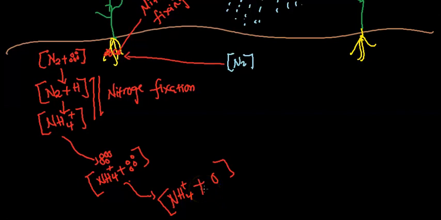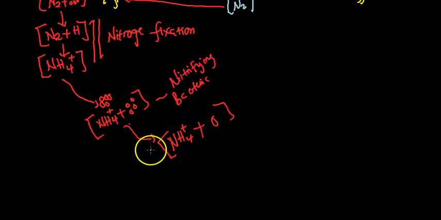When ammonium ions are combined with oxygen, the process is called nitrification, and it is done by nitrifying bacteria. Let's call these bacteria nitrifying bacteria, and the process is called nitrification.